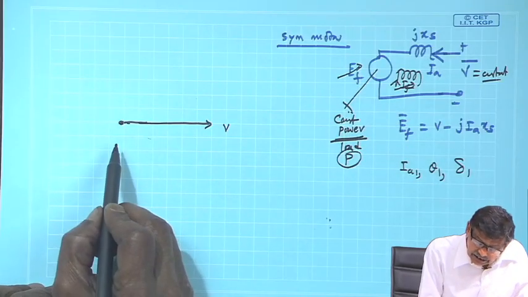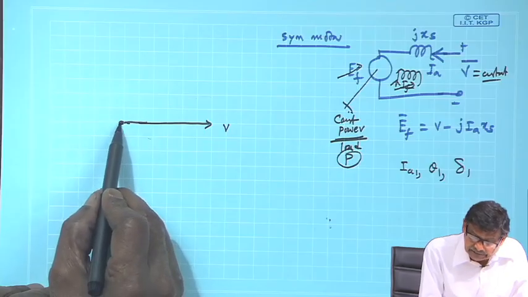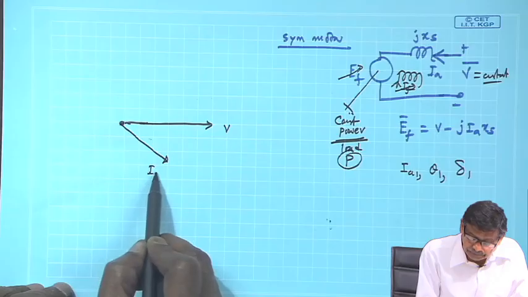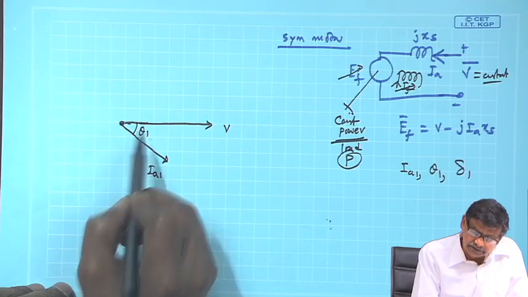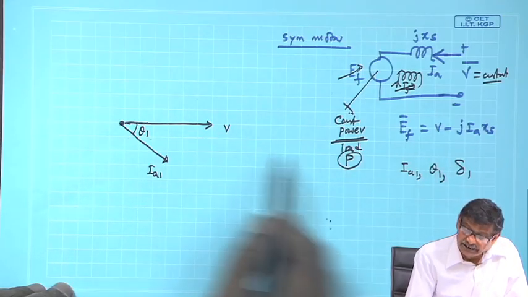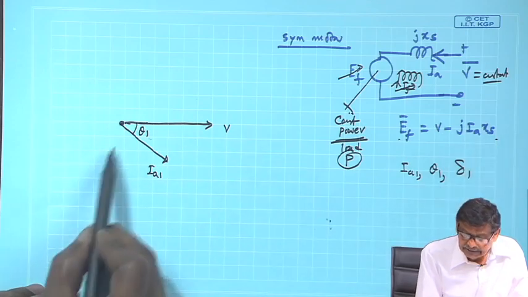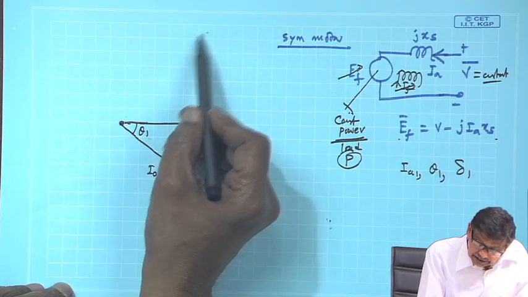So, suppose the initial operating point is such that it is drawing a lagging current I A 1 at a power factor angle of theta 1. But to get E f here, you see E f is V minus j I A X S. This is I A 1, so j I A 1 X S will be here, negative of that.